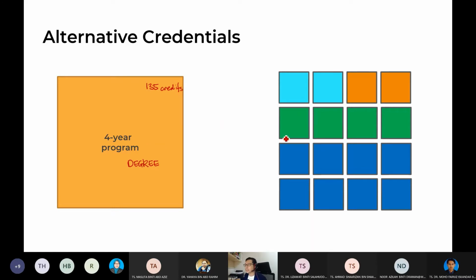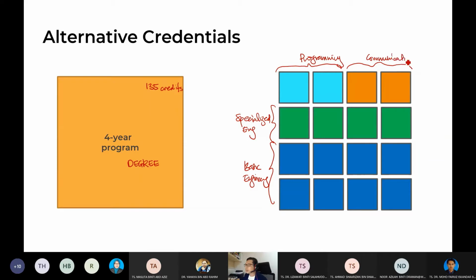So perhaps in engineering, for example, you've got the basics here, basic engineering. Then you'll have some other courses, probably specialized engineering. Then maybe some programming skills, and then some communications or writing skills. The idea is we can break this big block into these smaller blocks.